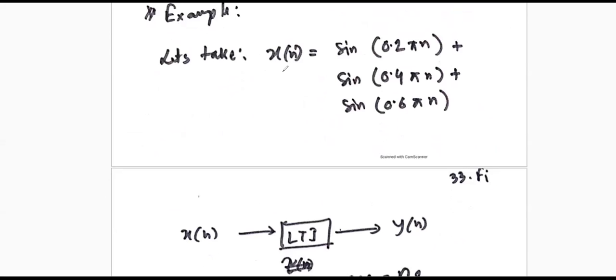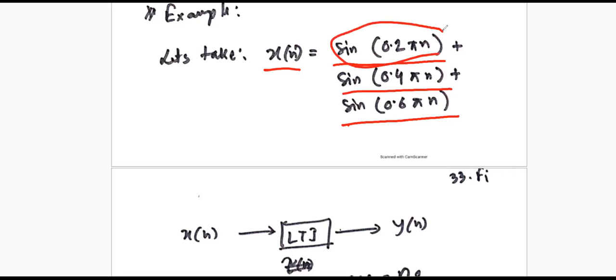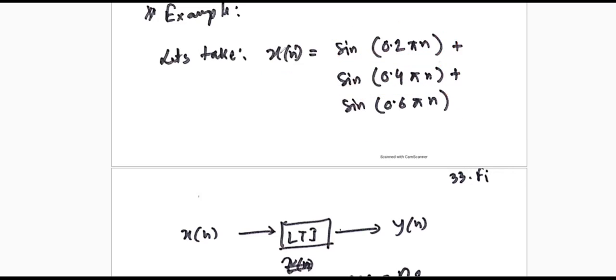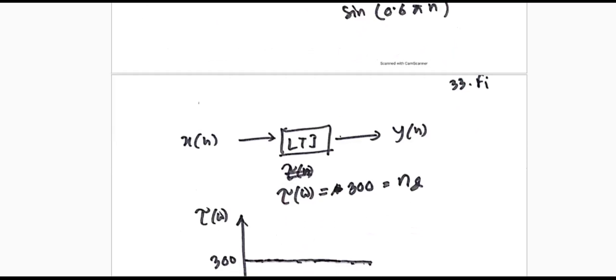Let's take a signal x[n], which is sin(0.2πn) plus sin(0.4πn) plus sin(0.6πn). Of course, by seeing these 3 signals, we can find that this is a low frequency, this is a high frequency, and this is the highest frequency. They make the total signal x[n], the discrete signal.